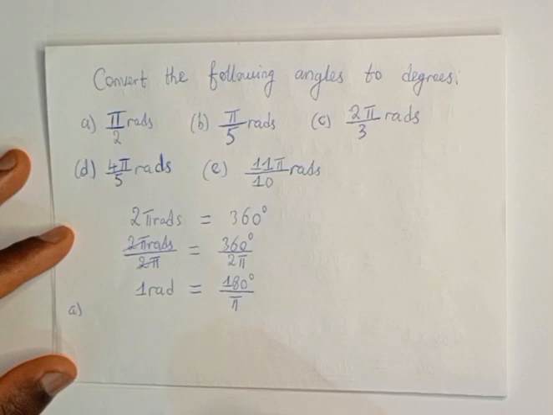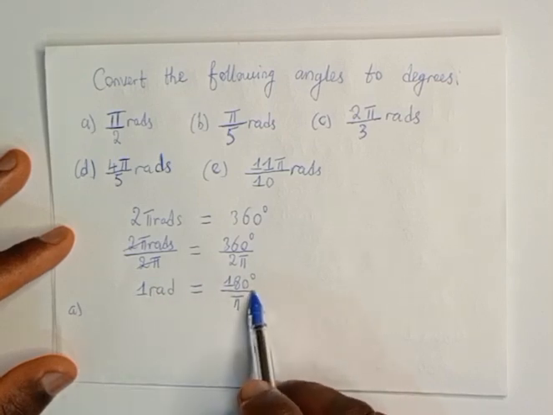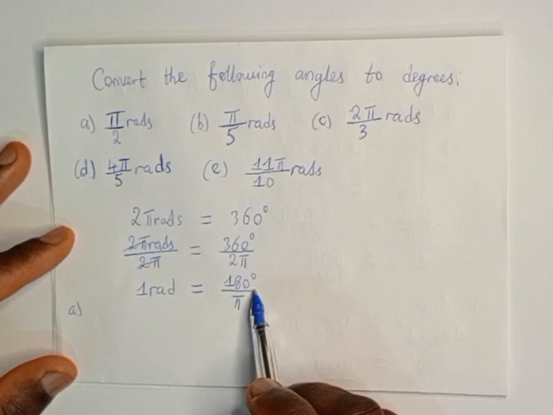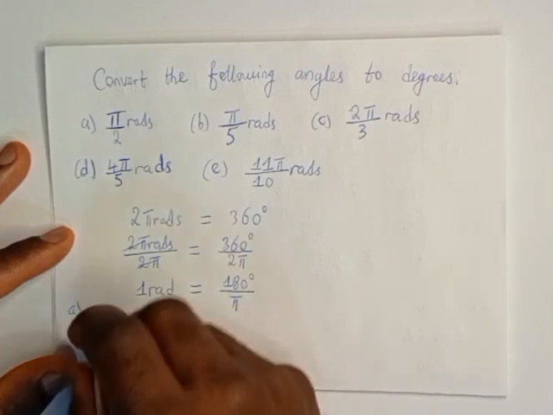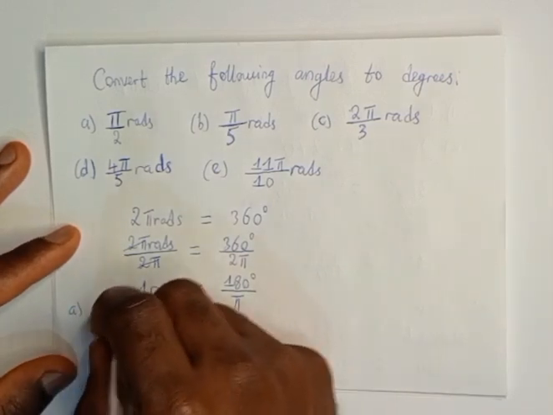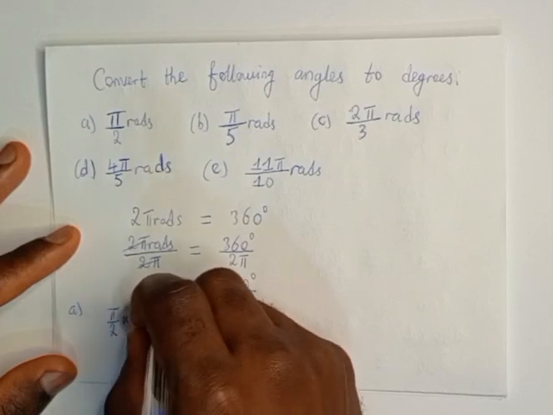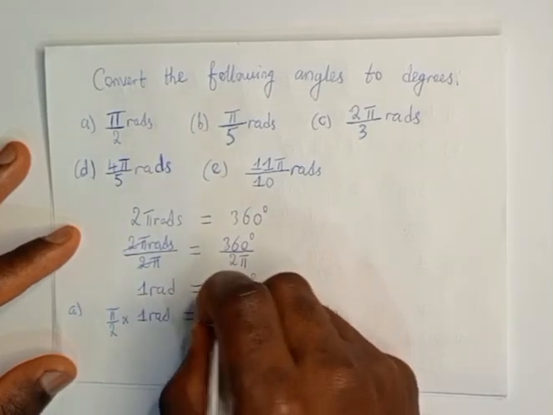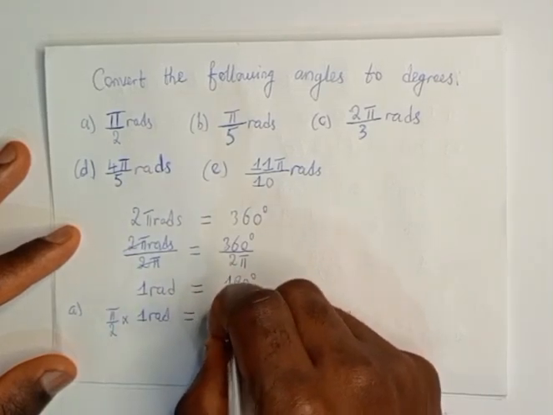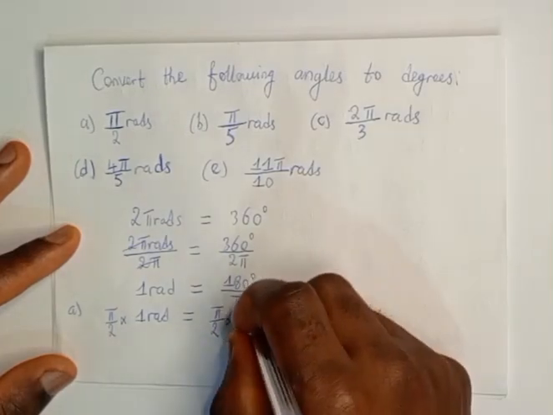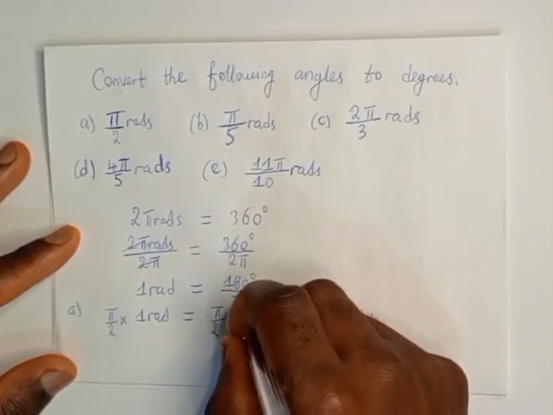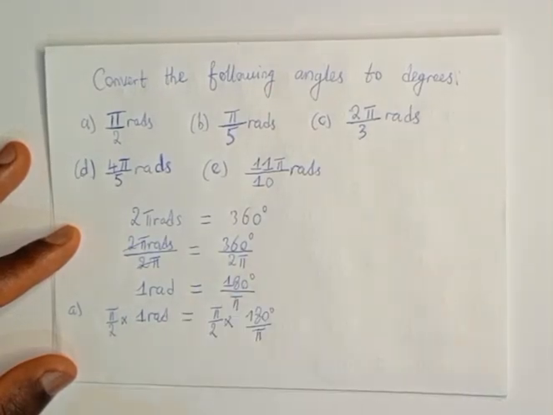For us to convert pi on 2 radians, we are going to multiply both sides of this equation by the constant pi on 2. Take pi on 2 times 1 rad is equal to pi on 2 times 180 degrees on pi.